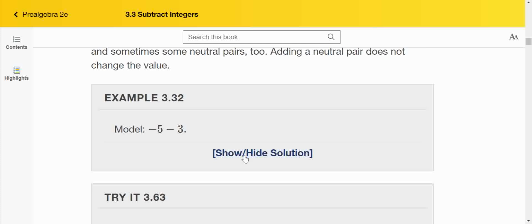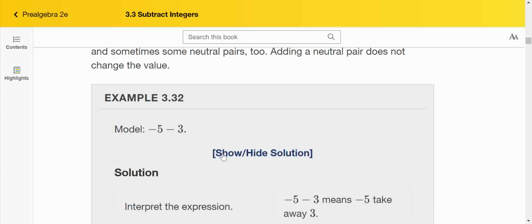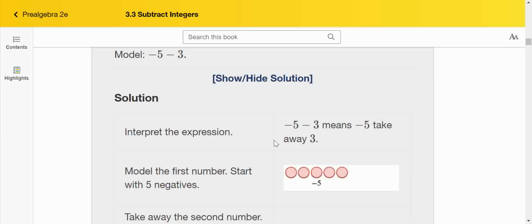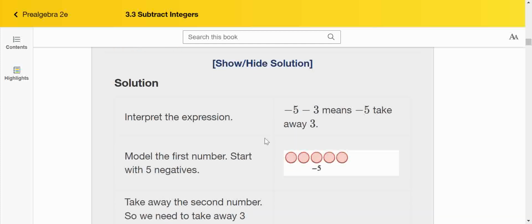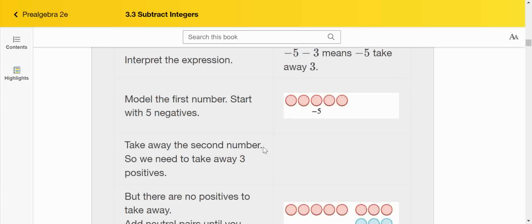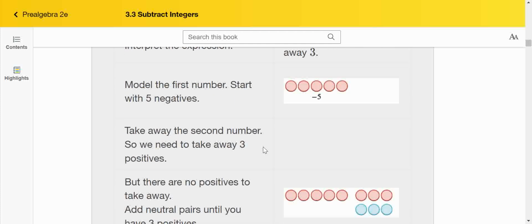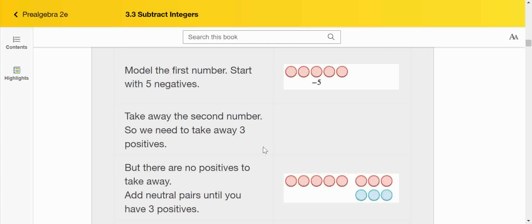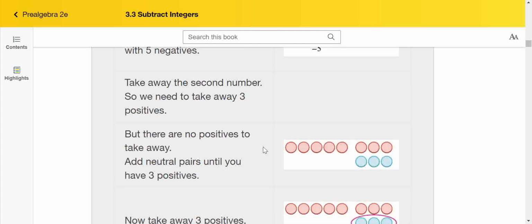Example 3.32. We will model negative 5 minus 3. Interpret this expression. Negative 5 minus 3 means negative 5 take away 3. Model the first number. Start with 5 negatives. Take away the second number. So we need to take away 3 positives. But there are no positives to take away.